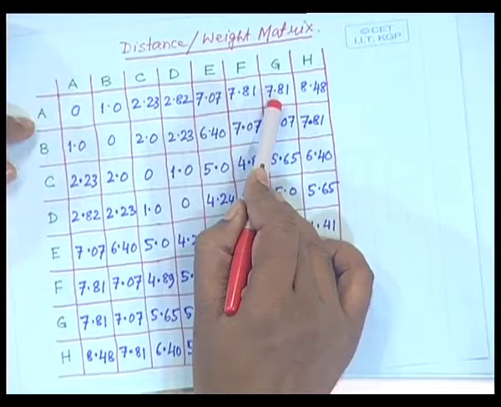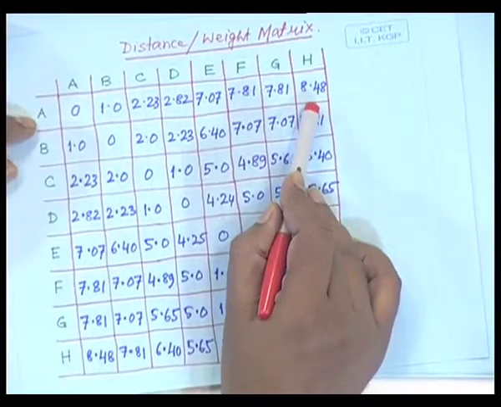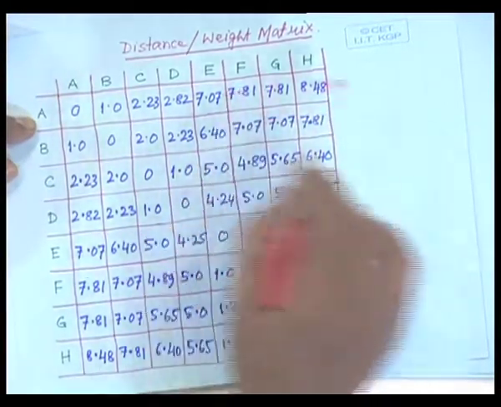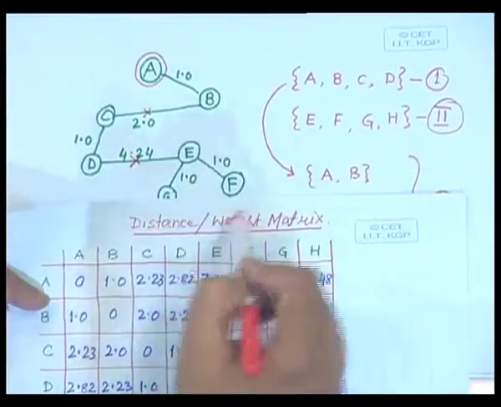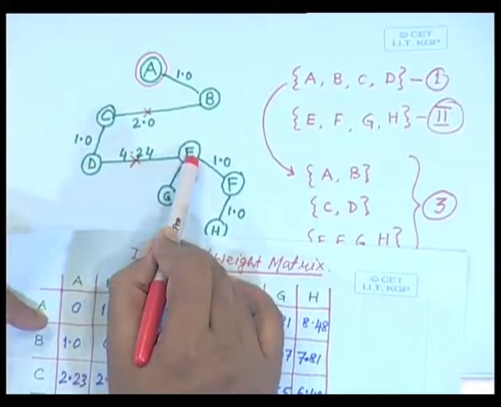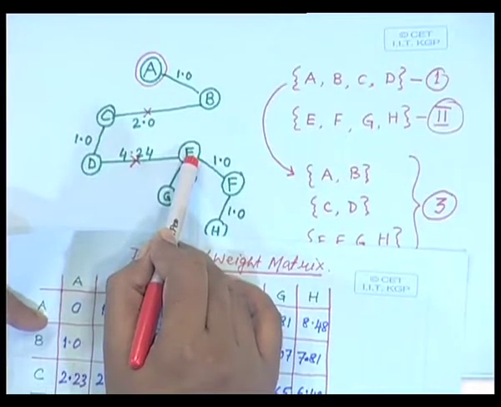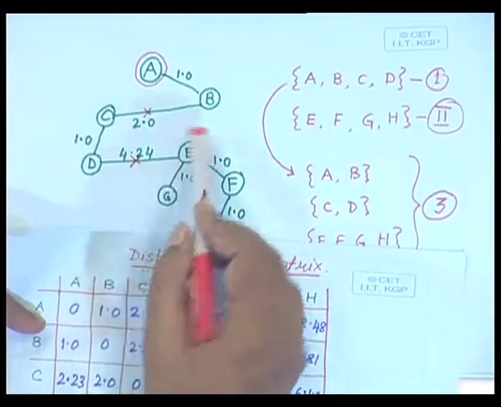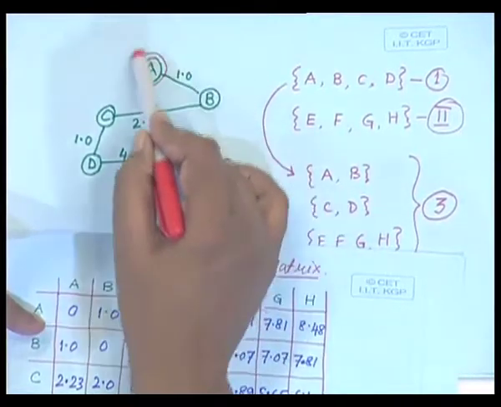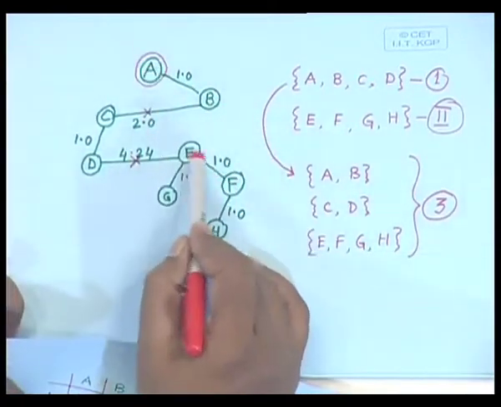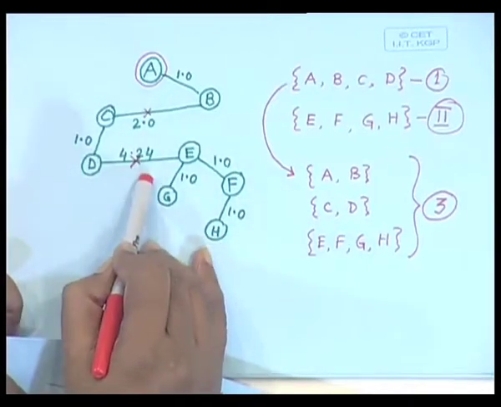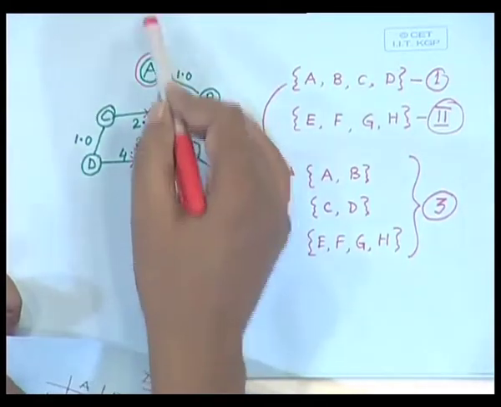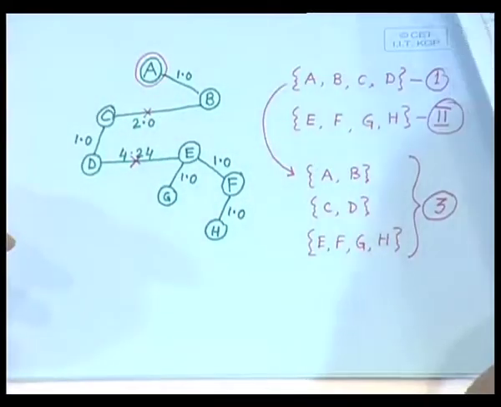Similarly, AG 7.81, AH is 8.48. It has to be more than 4.24, otherwise those edges would have been considered before this edge. Okay. So, naturally the distance between the cluster AB and the cluster EFGH will be more than 4.24. That is how this spanning tree is constructed. Is that okay?